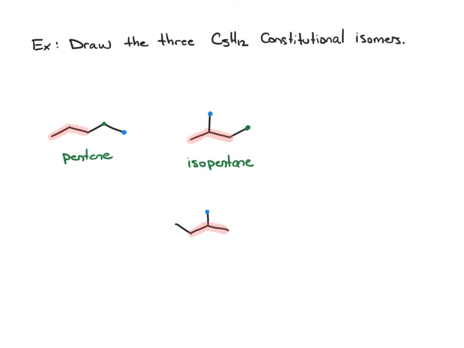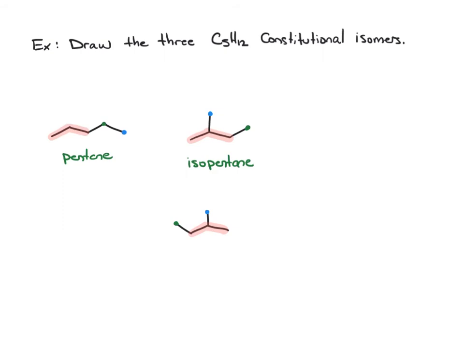Once I do that, I end up with the same molecule. I have a 4-carbon chain with a branch on the second carbon over. Here I still have a 4-carbon chain with a branch on the second carbon over. So I didn't make an isomer, I just redrew isopentane.